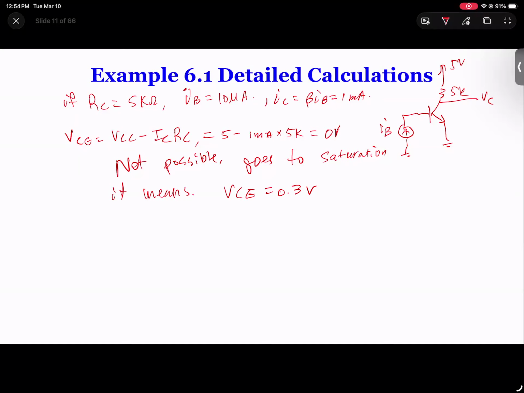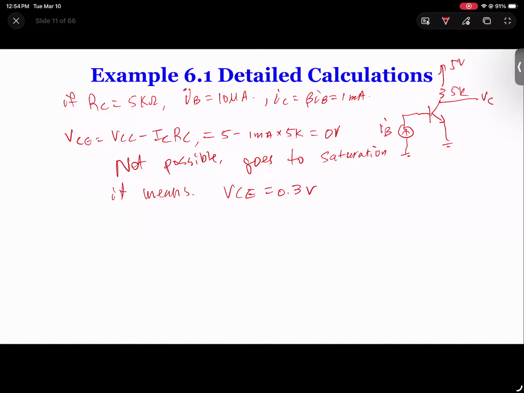What else can it be? In saturation, VCE is given as 0.2 or 0.3, doesn't matter, but let's use 0.3. If it's absolutely saturated, it's going to be 0.2. So let's use 0.3. It's not going to cause a big difference.